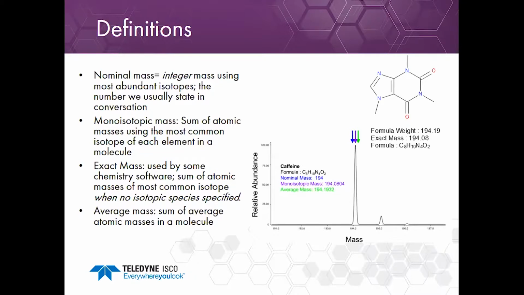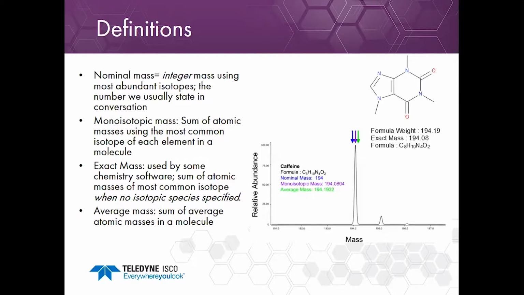The average mass is the sum of the average atomic masses in a molecule, and that's the number that we use when you do yield calculations in a synthesis. It's the number that you would see written on the bottle of reagent from your favorite chemical supply house.